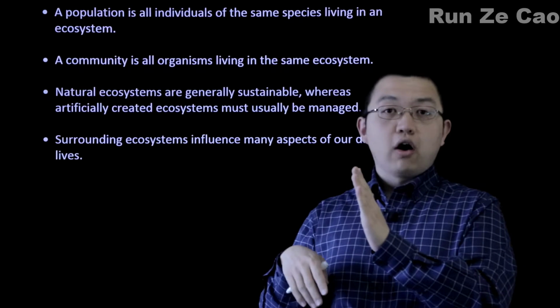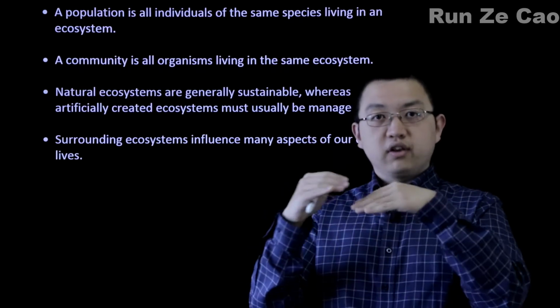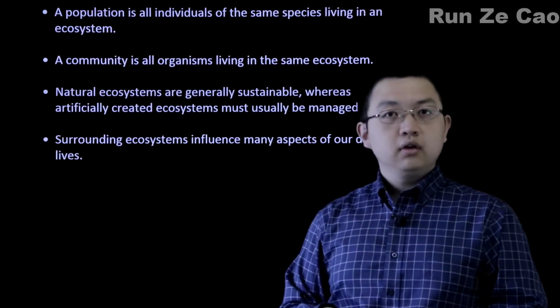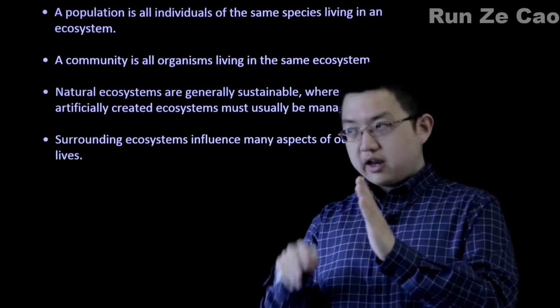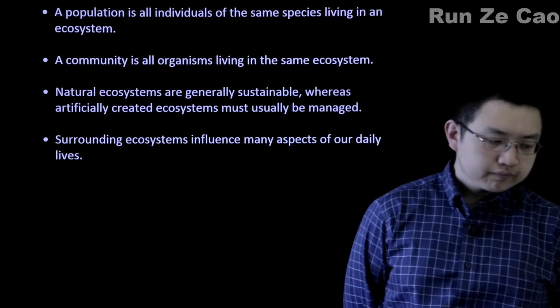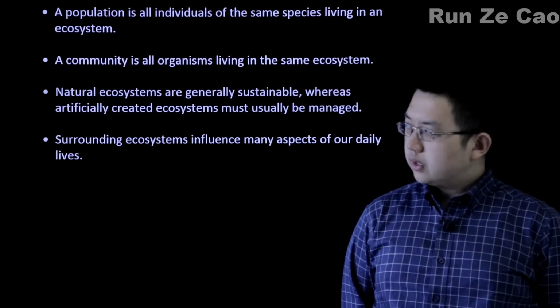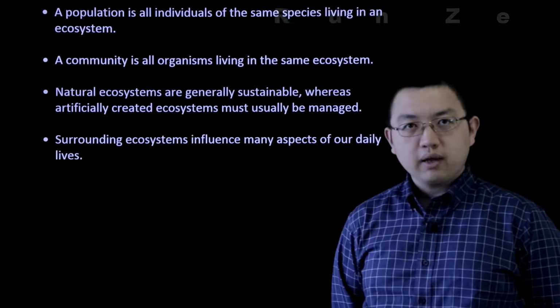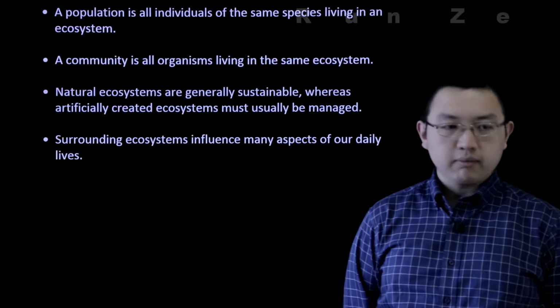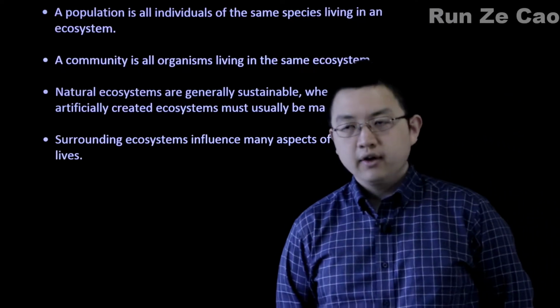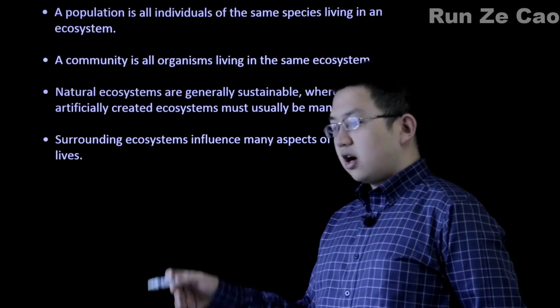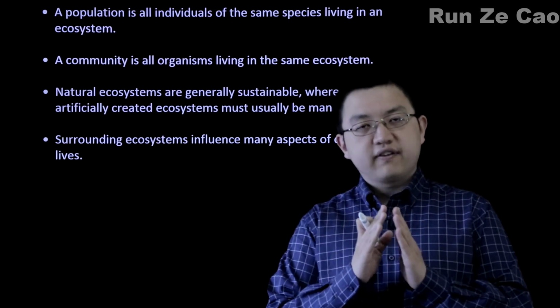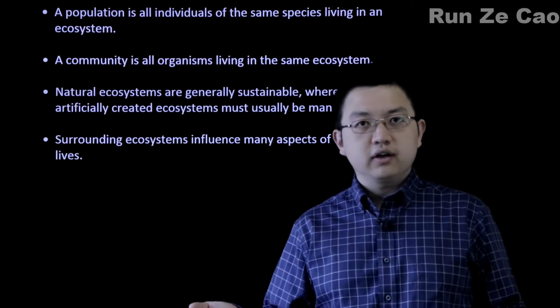They have snowfall, and if it was a flat roof, the snow would crush the house. So they have to let the snow slide off. So we see that the surrounding ecosystem, with all its abiotic and biotic factors, influences many aspects of our daily lives. In addition to the obvious abiotic factors, biotic factors also influence our daily lives.